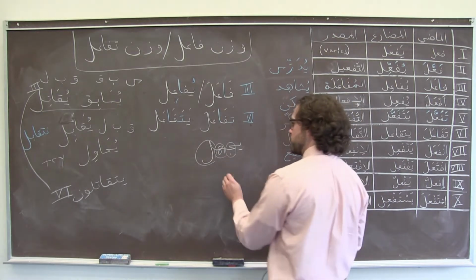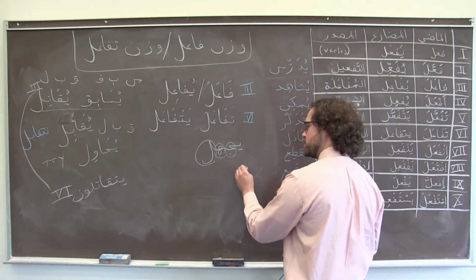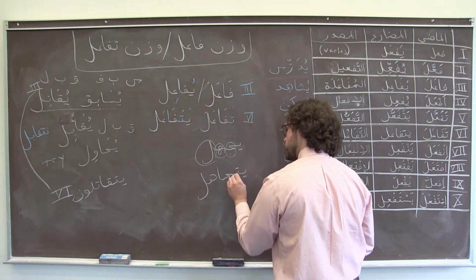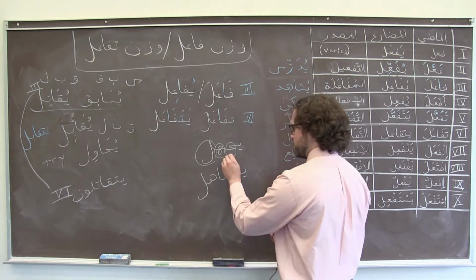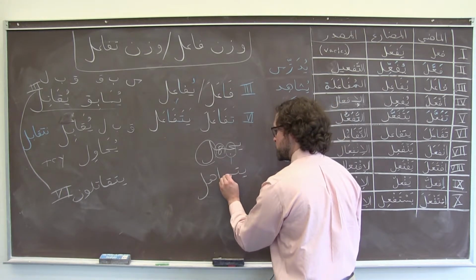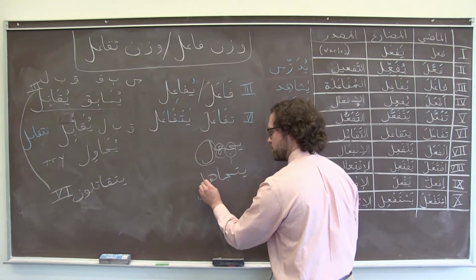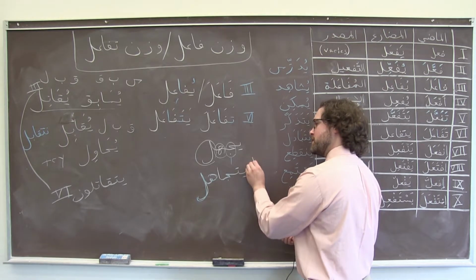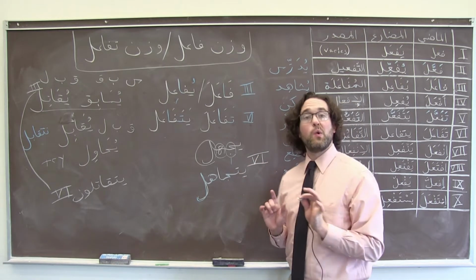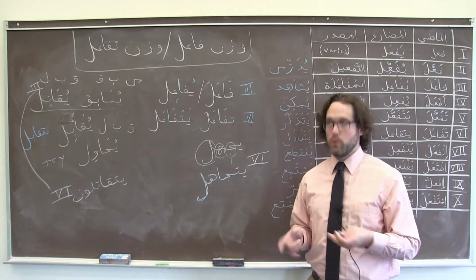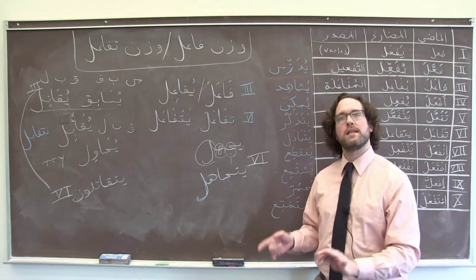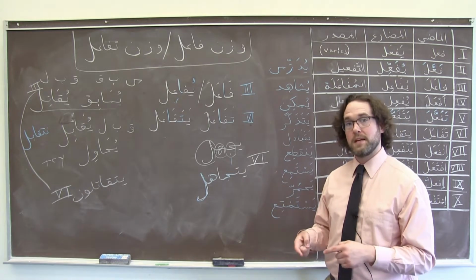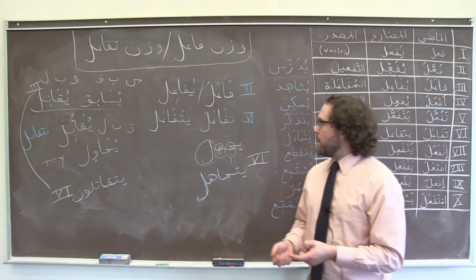If we take that judr and we put it into Form 6, we get yatajahal, conjugated for huwa, in the present tense, which specifically means to ignore. And when we ignore something, we're pretending not to know it, right? We're pretending to not know of it. We're pretending it doesn't exist, even though we know it is. That's what it means, to ignore.